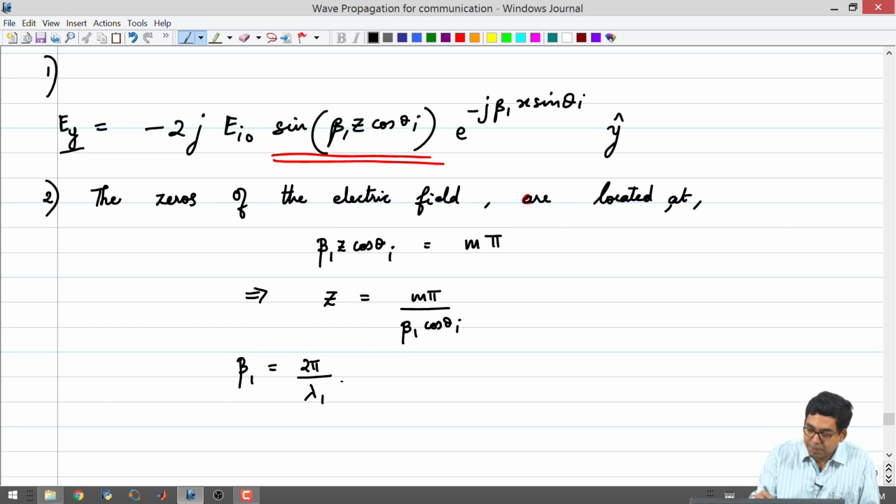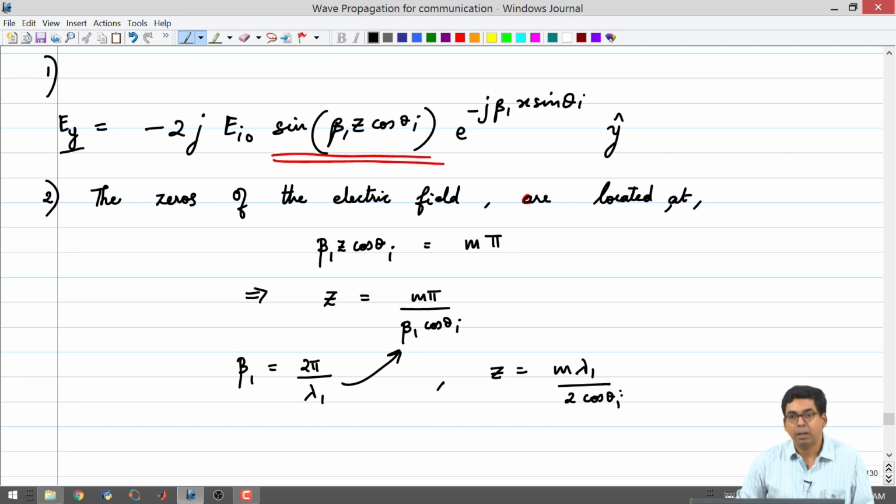If you substitute for beta 1 over here, you will have z = m lambda 1 by 2 cos theta I. This is the location at which your electric field will completely vanish.